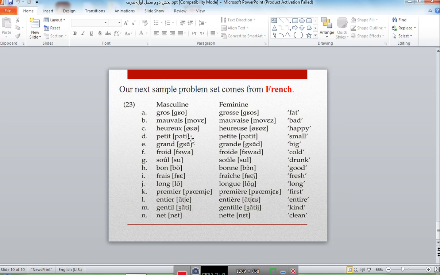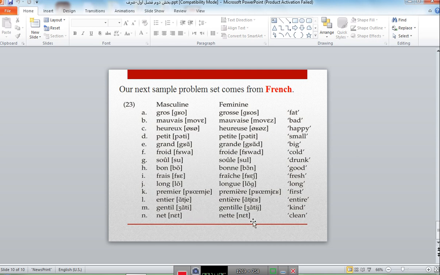Empty and L in the other one. Empty and N in the other one. Empty and G in the other one. And in the last one, both of them are empty.